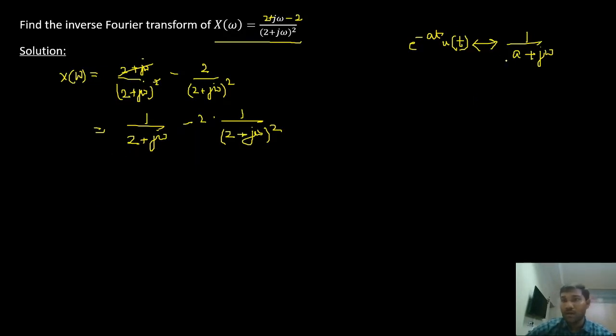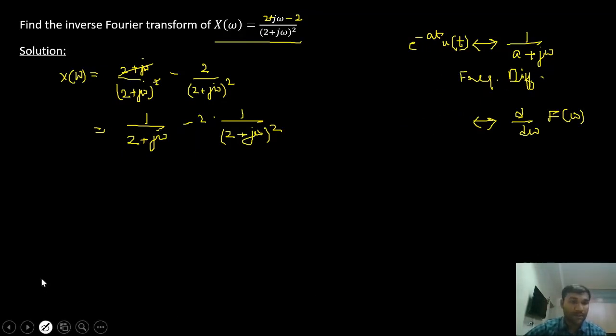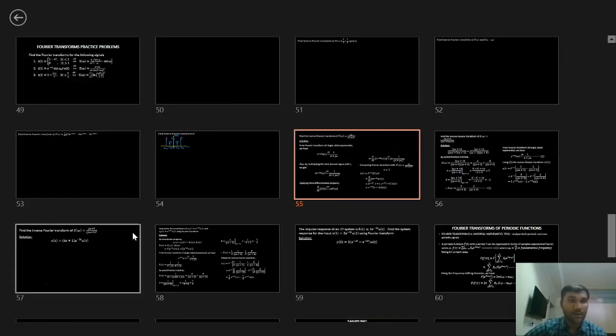Now let me use frequency differentiation here. So what will happen? According to frequency differentiation, d by d omega of F of omega is the Fourier transform, and what is the corresponding time domain signal?